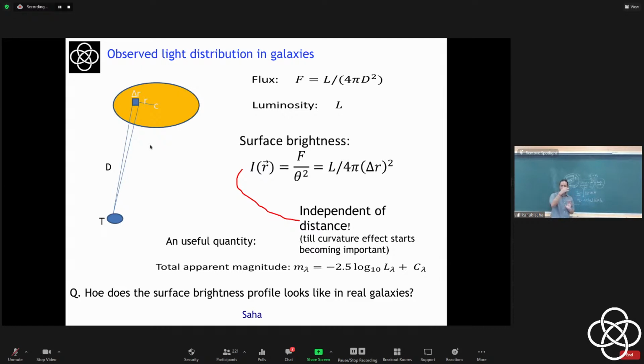Or you can have a filter with a certain shape like this, maybe. You can say lambda 1, this is lambda 2, the edges, and this is lambda naught. Below lambda 1 it is 0, and above lambda 2 it is again 0.